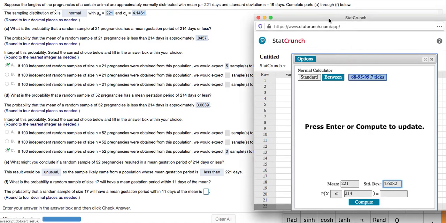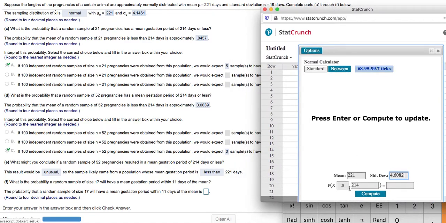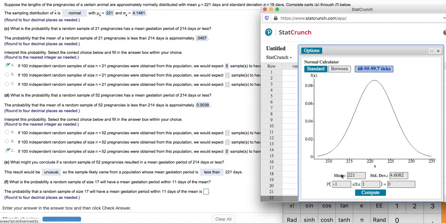And we're going to leave the mean alone, but this is different actually. Each part of this question was less than 214 days. But now the question is saying, what if you're within 11 days of the mean? So we have to now choose the between option, because to be within 11 days of this mean means you can be 11 above it and also 11 below it.